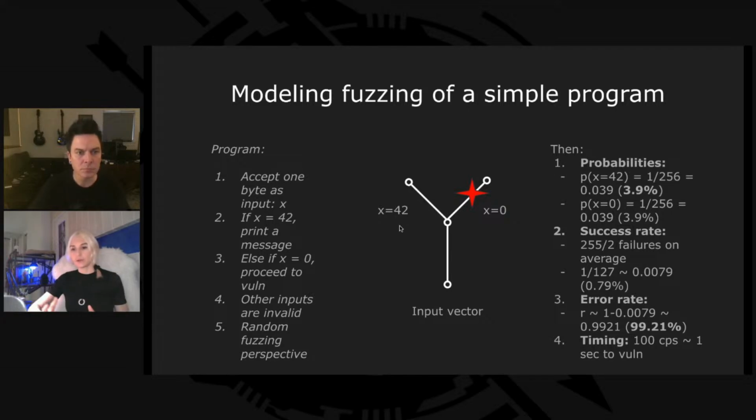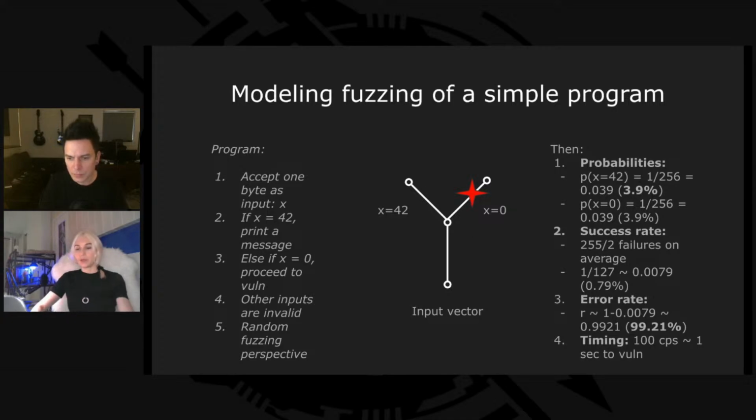In practice, of course, the fuzzer is random, so it will not run 255 times, but rather the number of times somewhere in between 0 and 255. We can imagine that if you do it many times, the number of tries will average out, and we can say that the fuzzer will need to run about 127 times before it finally finds the correct value here, which means that the fuzzer success rate is less than 1%. Here is the calculation. It's specifically 0.79. And we're talking about 1 byte here.